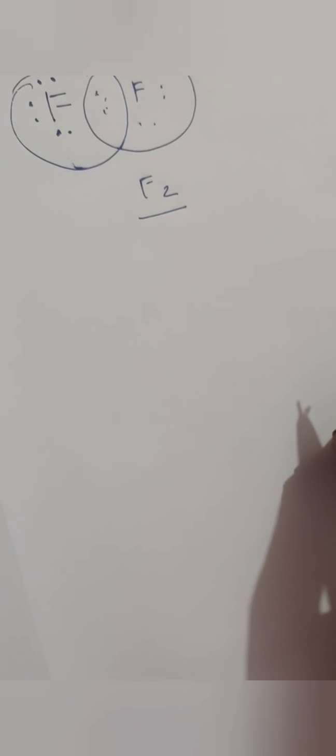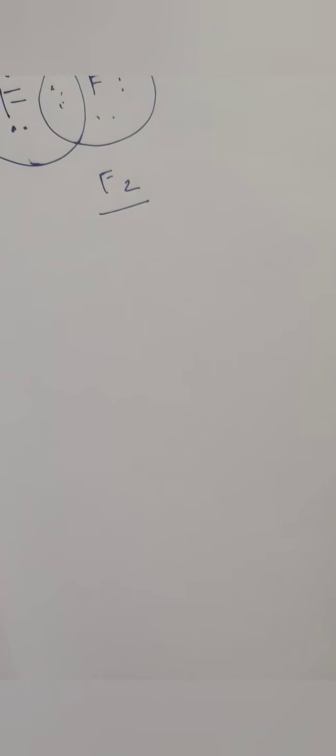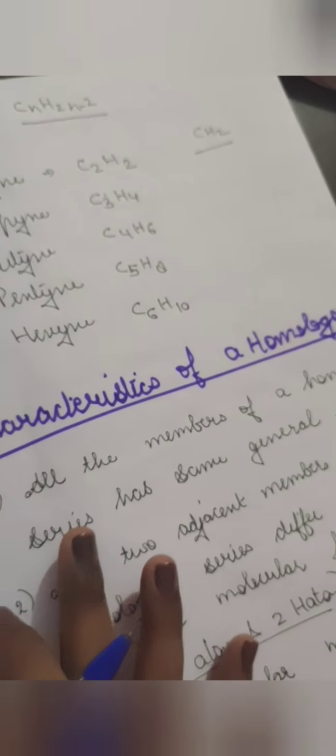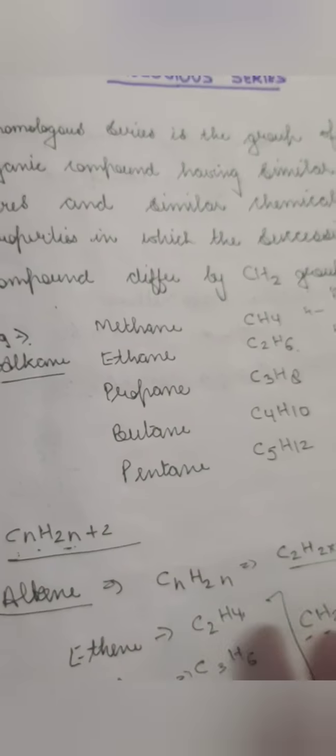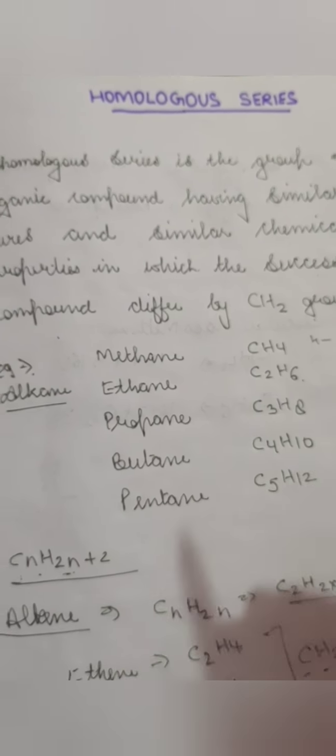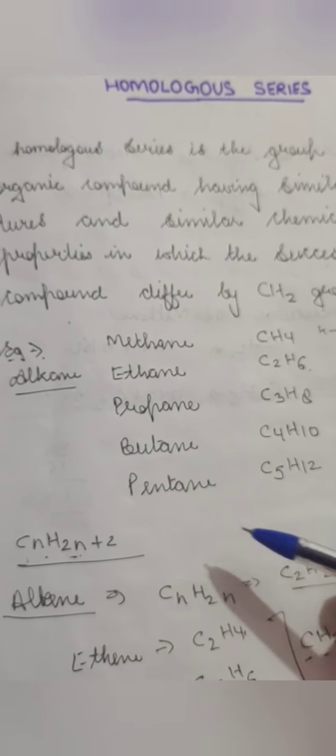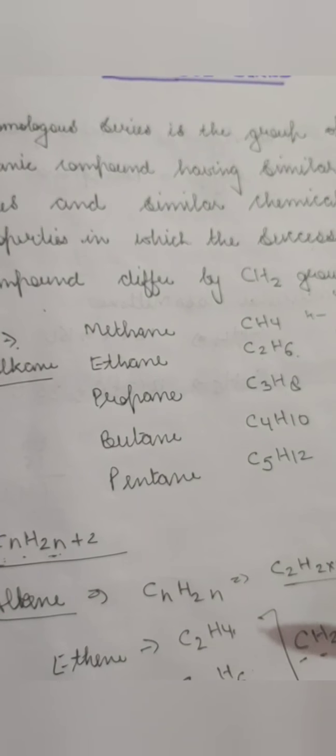You can do it from your book as well. A series in which every succeeding compound differs from the previous one is called the homologous series. I have also given you the homologous series in detail. This can be written as an example of the homologous series.